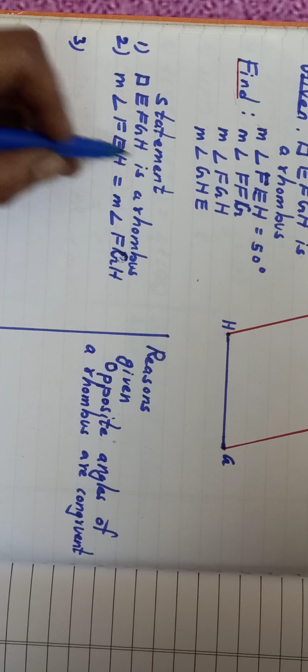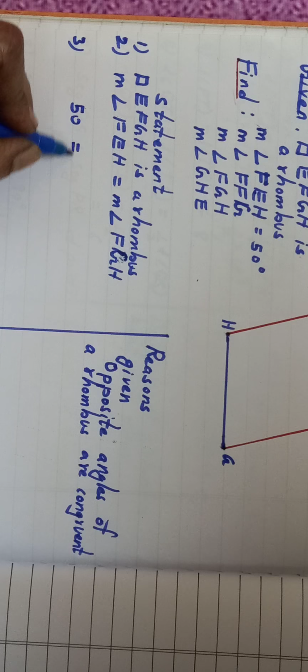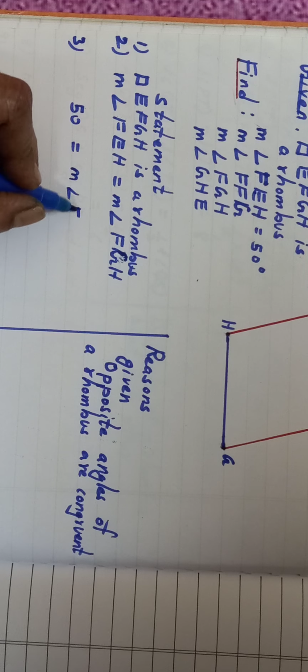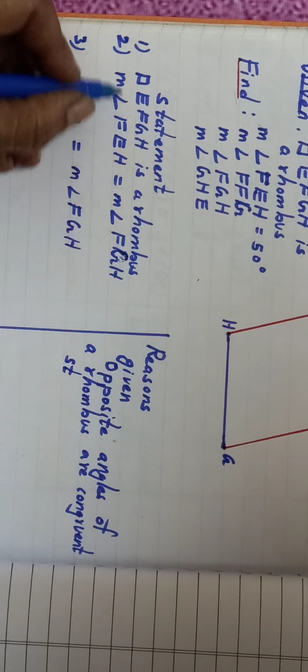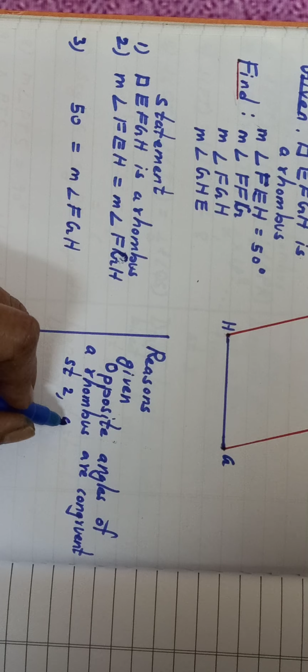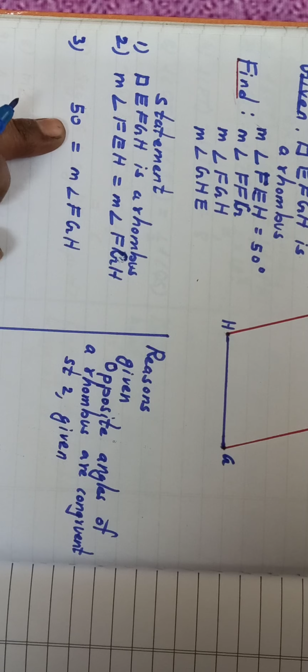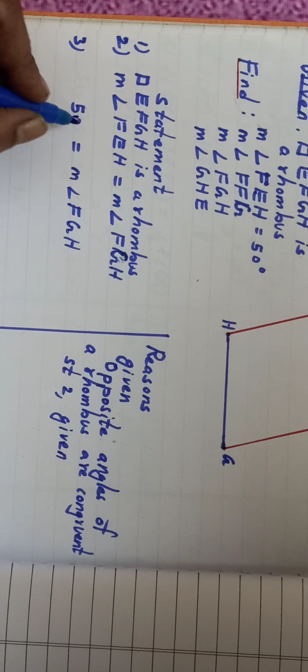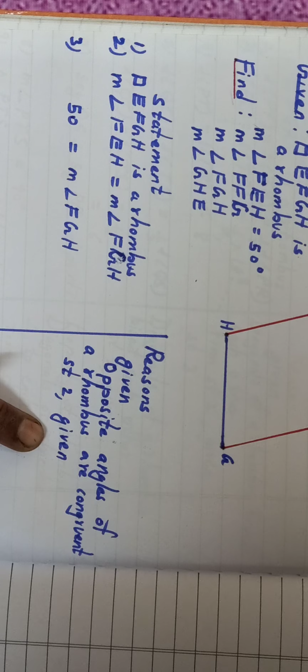Measure of angle FEH is 50 degrees. So we will write here 50 is equal to measure of angle FGH. Reason: statement 2 and given. The 50 degrees given, that we have substituted here. So we have got this third statement and these two reasons.